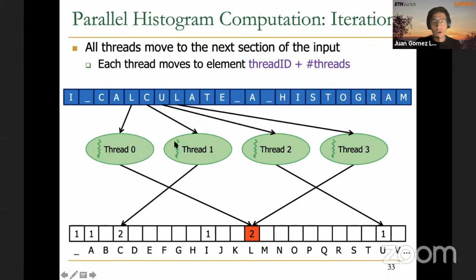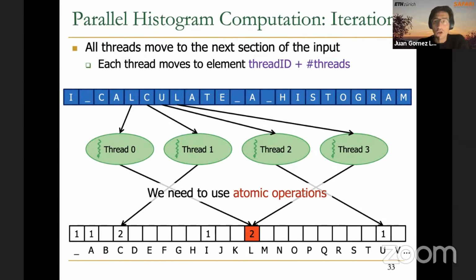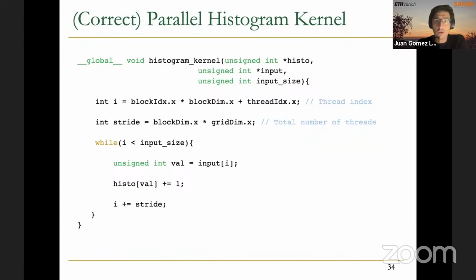If we are not using atomic operations here, we may have a situation similar to the one that was described before when we talked about data races, because thread 0 and thread 3 have to read, modify, and write the same histogram bin. So we definitely need to use atomic operations here to ensure that there are no data races and the final result is correct. So essentially what we have to do in the code that we have just seen is, instead of using a simple addition, use an atomic addition.